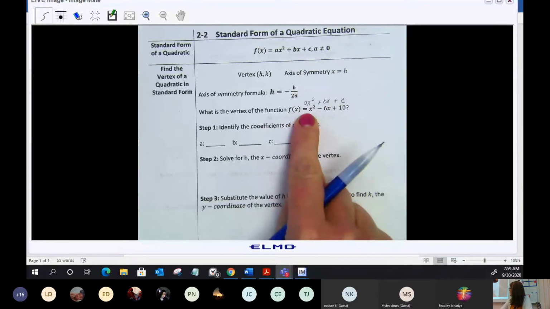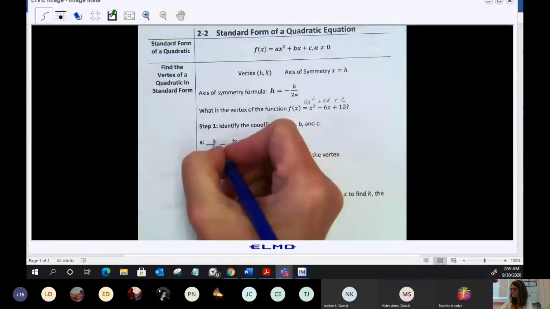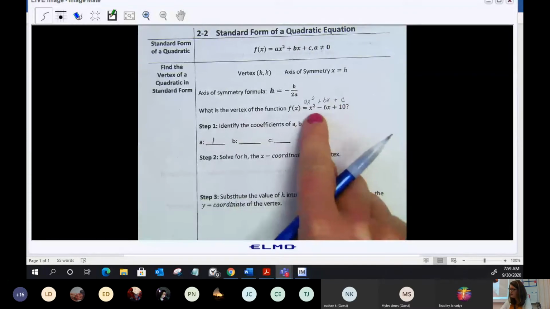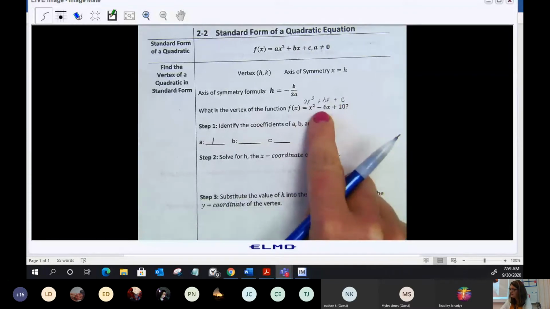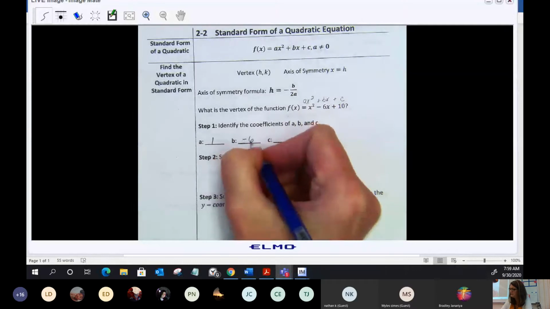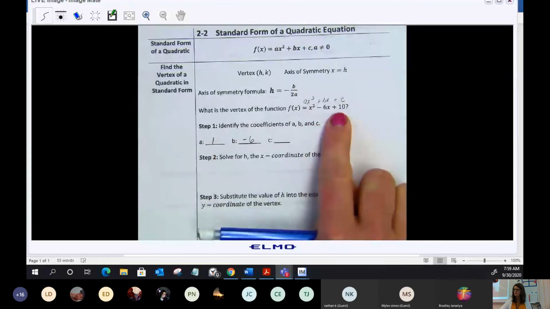You don't see anything in front of that x squared, which means your a value is 1. Your b value is going to be the coefficient of the x term, and it is a -6. And your c value is always the constant, meaning there's no variable attached to it, and here it's a 10.